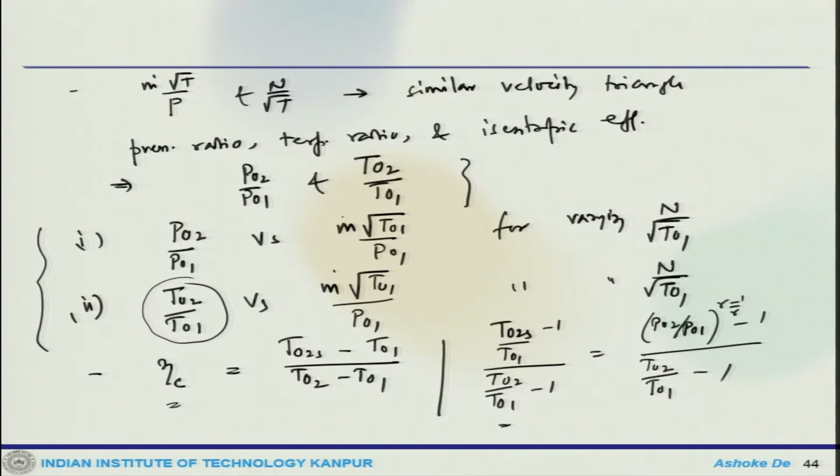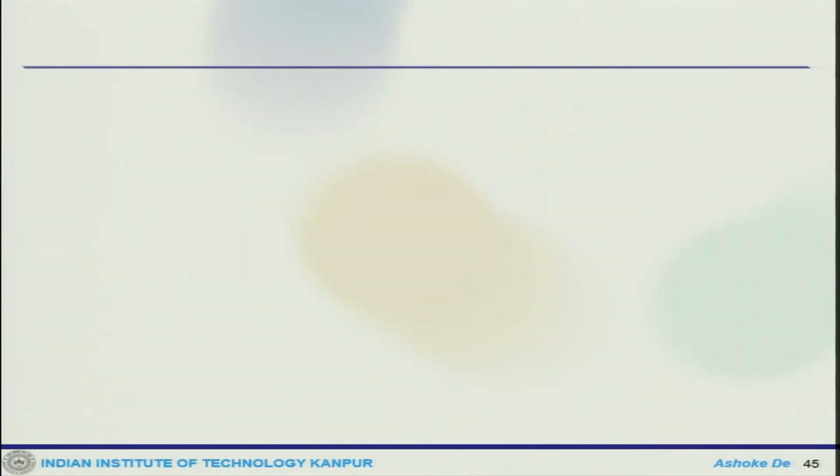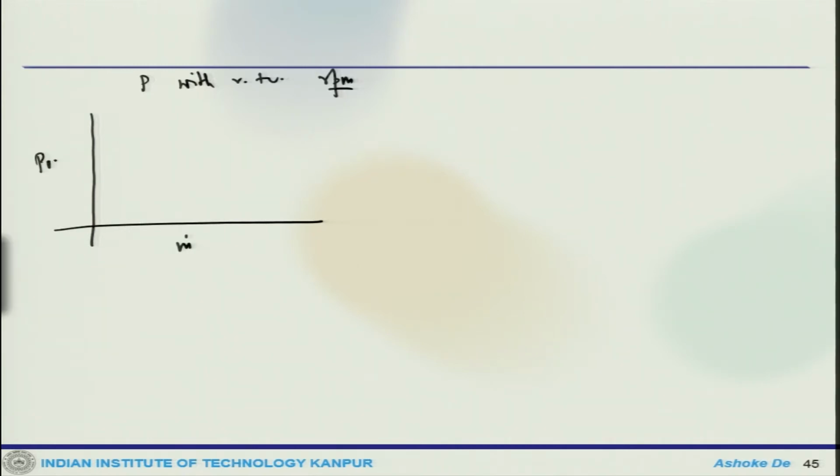Now, before considering the characteristics plot, consider the variation of P with respect to RPM. So, let us say the compressor is running at constant speed, and let there be a valve at the delivery line of the compressor, and let us slowly open the valve.